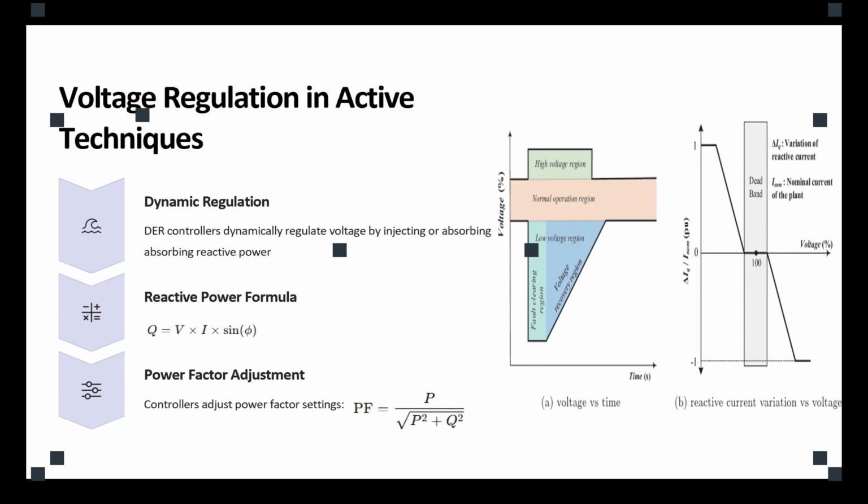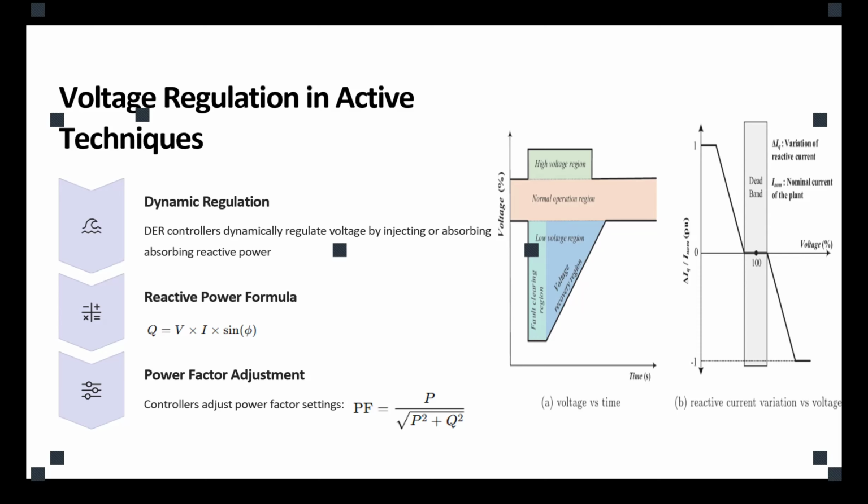Now, if we want to change the reactive power in order to respond to the system, the first thing that happens is that the ratio between active and reactive power would change, because our capacity as apparent power is constant. We can't generate more than the capacity of the generators.